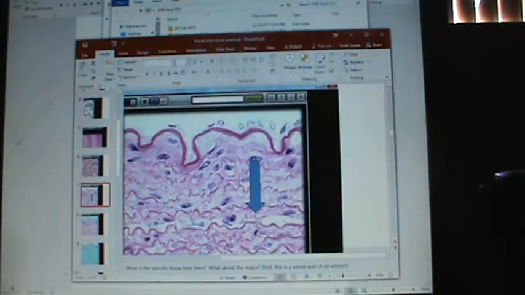Alright. Look here. I put a little arrow in here so you could see this. These coilies inside here. Major tissue type? That would be connective. Specific tissue type with the coilies. This is elastic, and it's found on the walls of big vessels like the aorta.